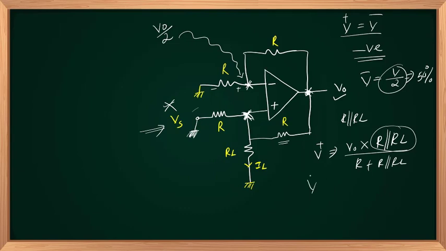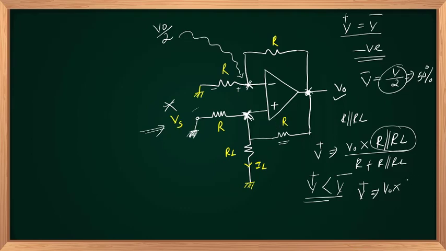So here V plus will anyway be less than V minus, right? So if we are taking all these resistors as 1 kilo ohms, so 1 parallel 1 will give you V plus equal to V out multiplied by 1 parallel 1, R equal to 1, RL equal to 1.